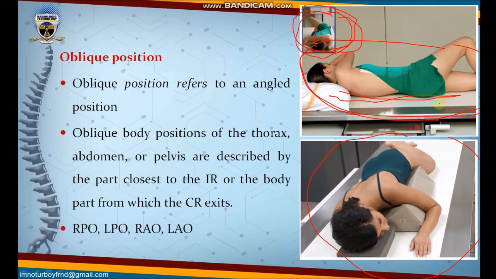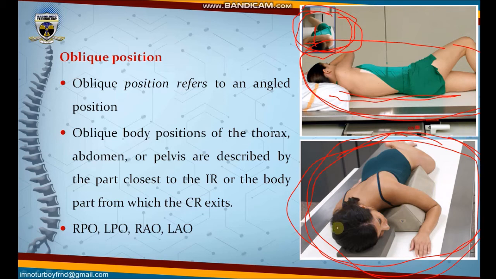When the right side is placed closer towards the IR and the body of the patient is oblique, that will be termed right posterior oblique. In this case, the patient is facing the table or facing the IR.